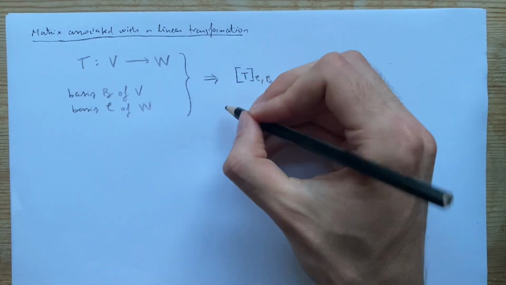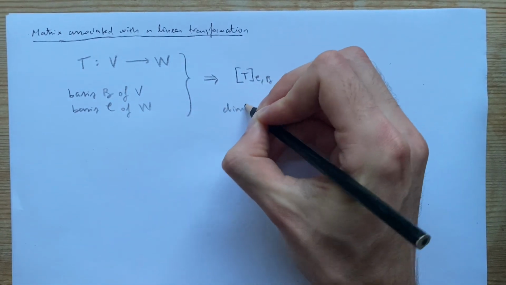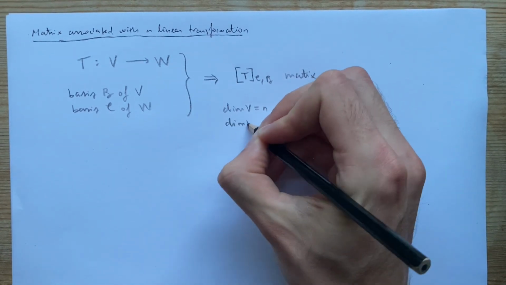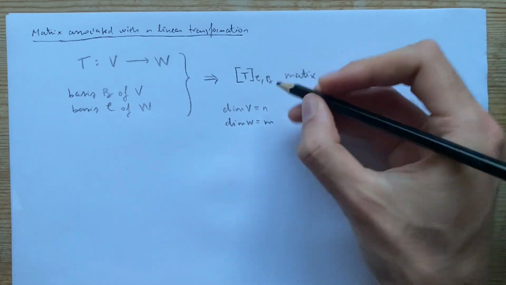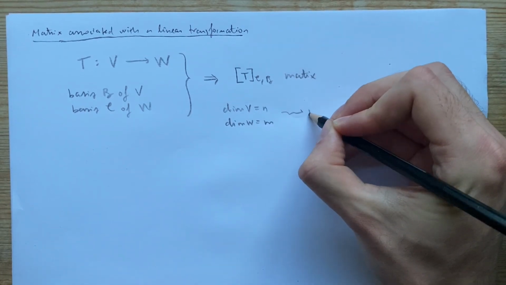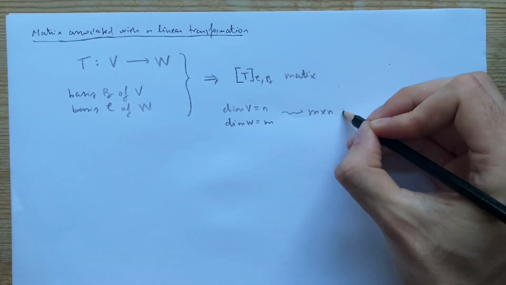So if V has dimension n, W has dimension m, then this will be an m by n matrix.